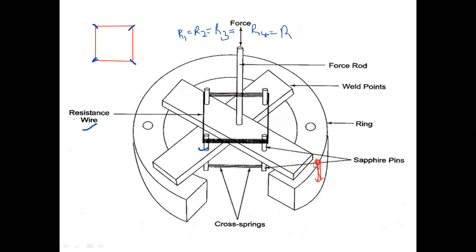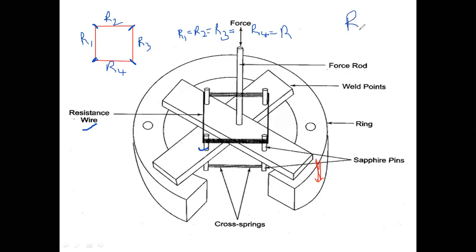If R1, R2, R3 and R4 are the resistances, then R1, R2 are compressed and R3, R4 are stretched.